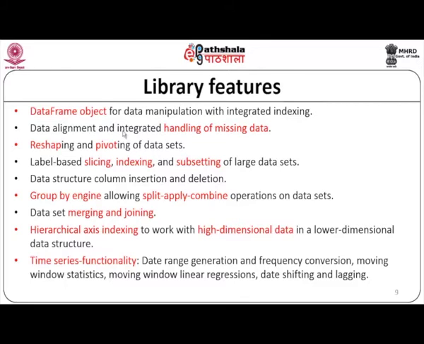Labeling and various operations like slicing, indexing and subsetting are also supported. You have a group by engine with which you can apply split and then combine or merge operations very easily. Data set merging and joining, and library support for merging and joining, is part and parcel of Pandas.